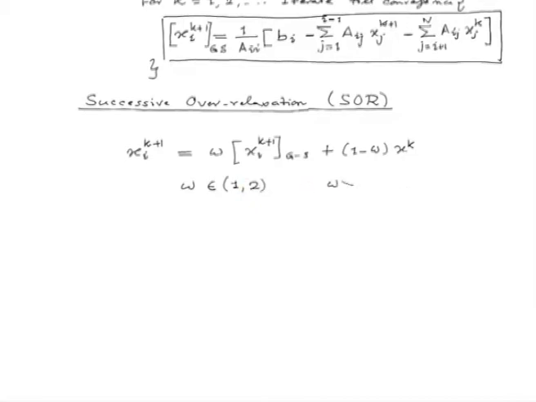So omega is always taken greater than 1, so that is why it is called the over relaxation factor.